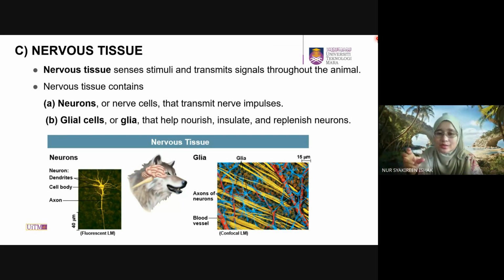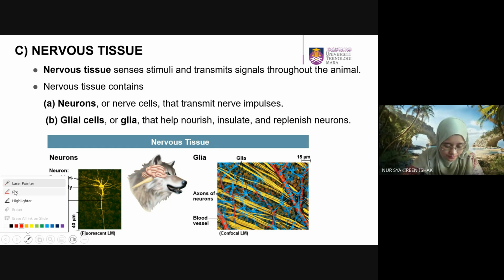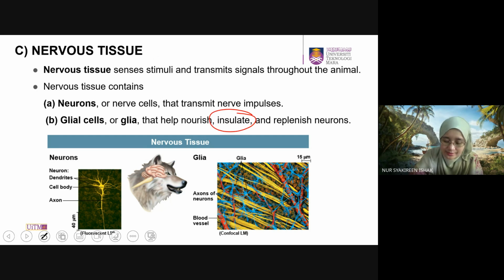Support the neuron cell, for example, help to nourish the neuron cell, help to insulate the neuron cell, and replenish the neurons. The term insulate here: for example, we have one neuron connected to another neuron.